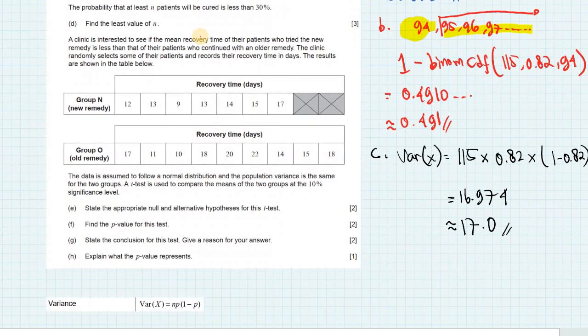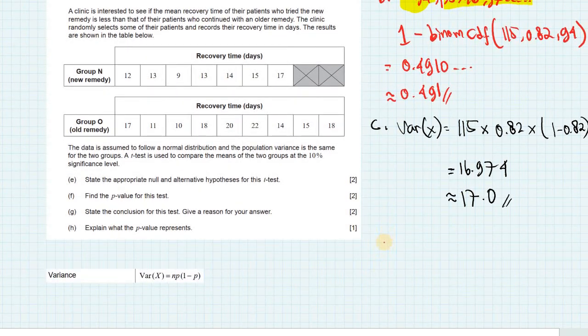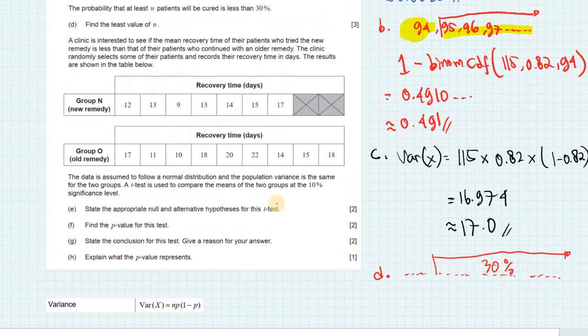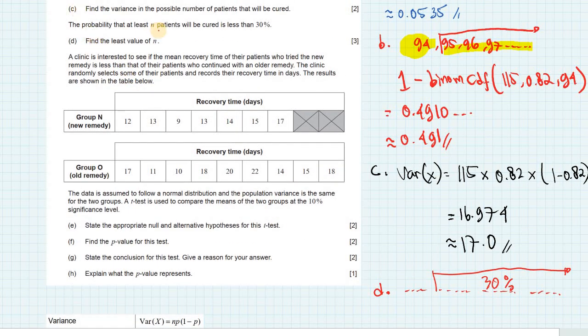At least n. Let's say we have a number, and the probability of this at least n patients is 30%.